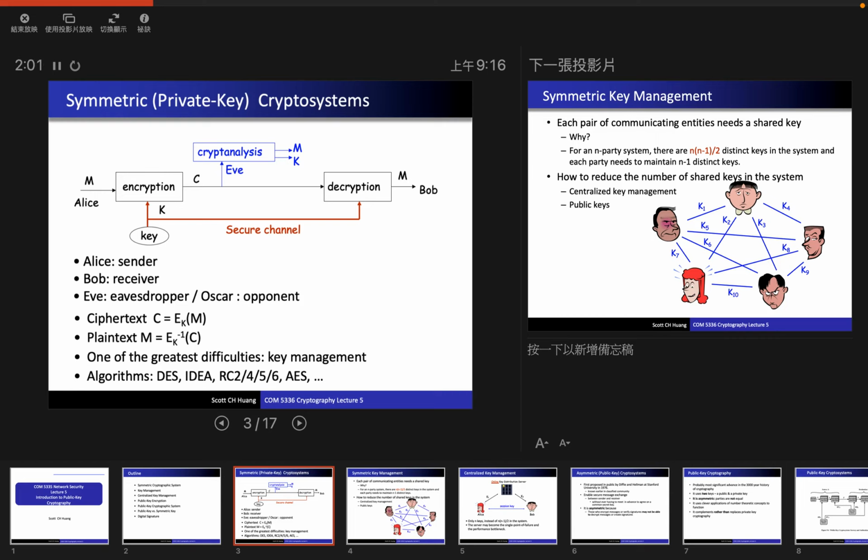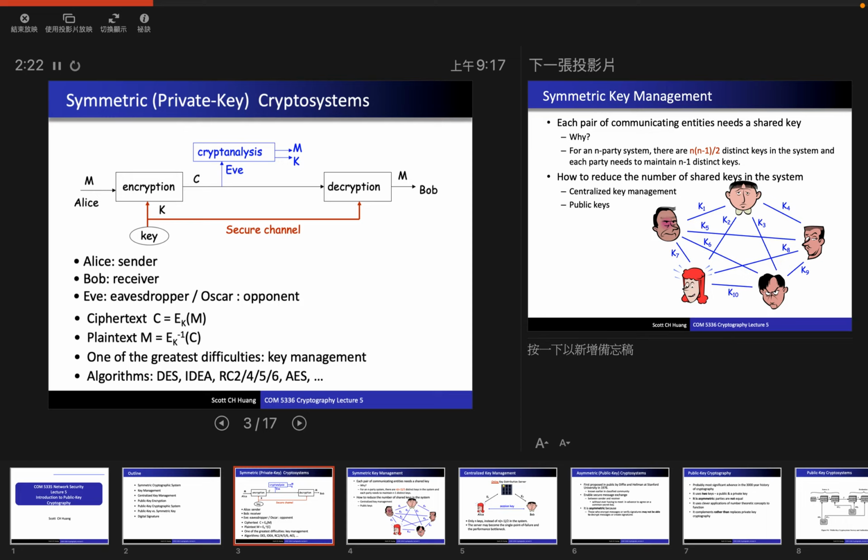So remember that when we are talking about the Vernam cipher or one-time pad, the problem is the size of the key is as large as the plain text. That's a problem because this has to be delivered through some secure channel.